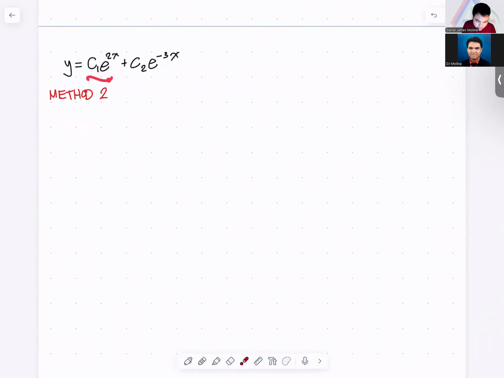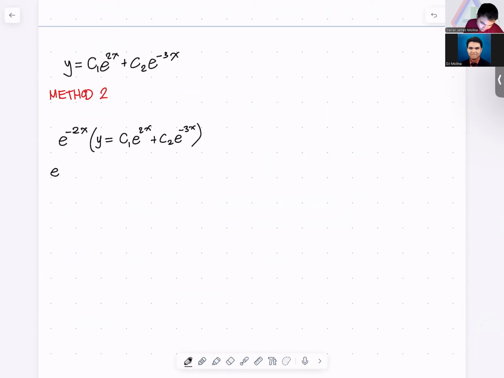How do we isolate C sub 1? Let's remove e raised to 2x from the equation. So how? Let's multiply e raised to negative 2x to both sides. Of course, let's distribute, and take note, we'll use the law of exponents in this bit.